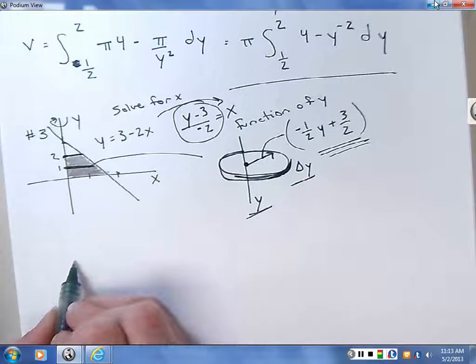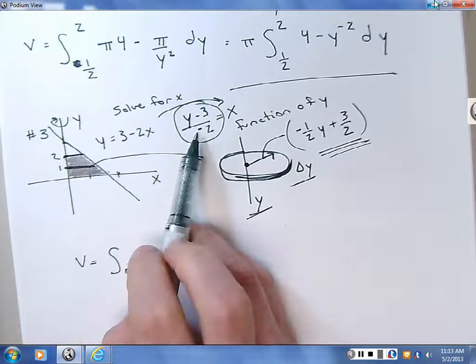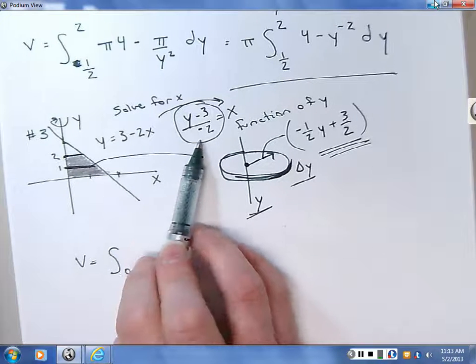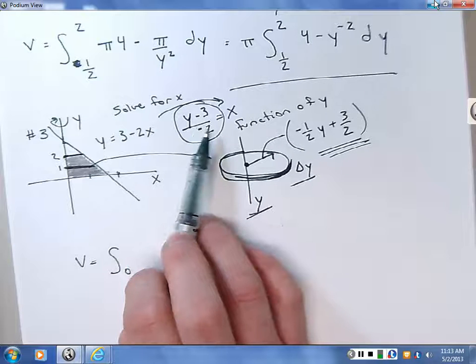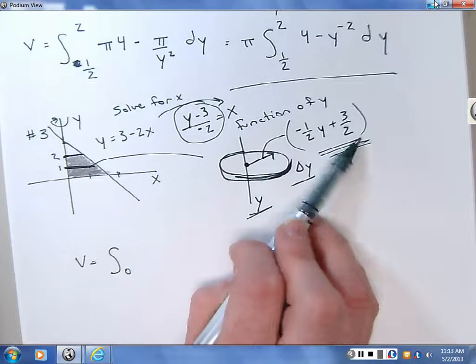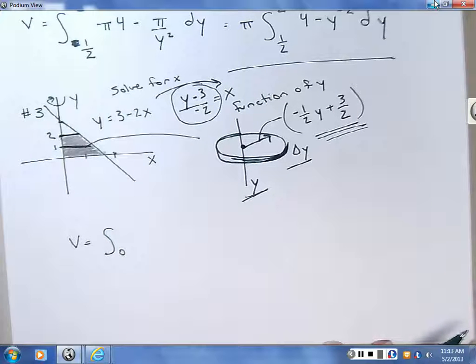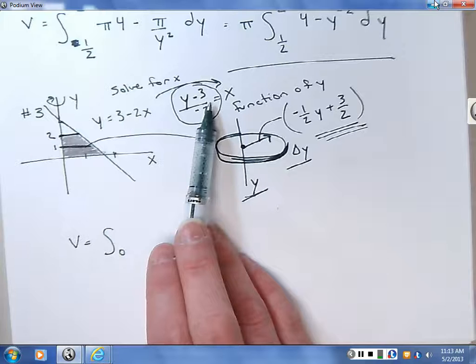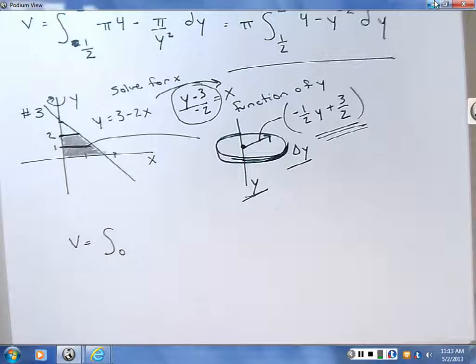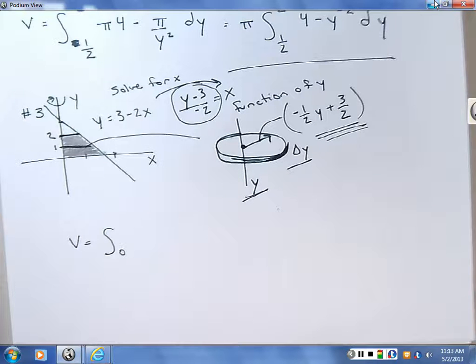So now the volume is, well, because y divided by minus 2 is minus 1/2 y. Minus 3 divided by minus 2 would be a plus 3/2. You could leave it like this, but it's a little bit easier to integrate when you have a constant times y plus or minus a constant. You could also pull out the 1/2.